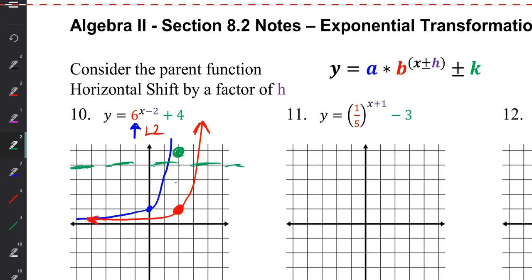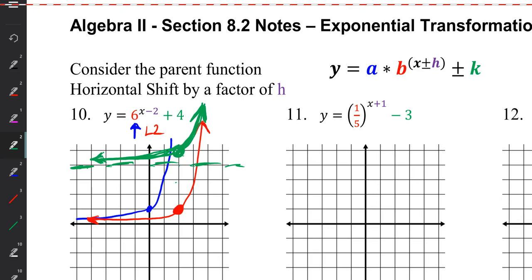So put your asymptote in and then draw. Don't touch the dotted line. Do we need arrows? Yeah.